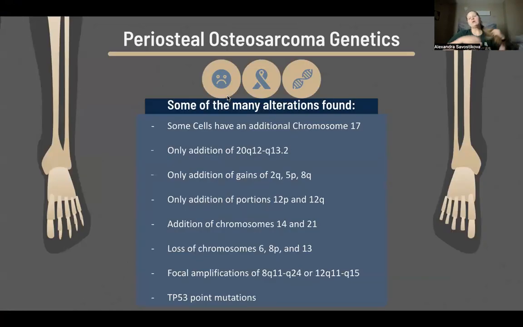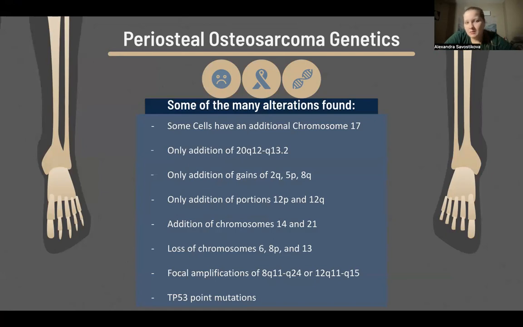So now getting back to we're talking about genetic mutations. So fun thing about this, well, it's not fun, it's very sad, but interesting thing about this is periosteal osteosarcoma has so many genetic modifications or variety of or lack of when looking at the genetic variety between patients.